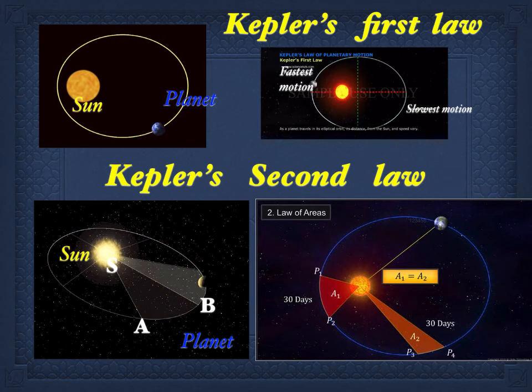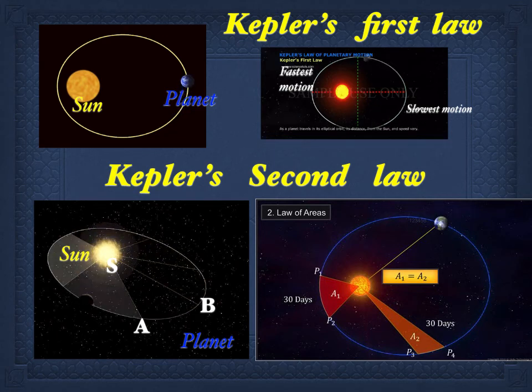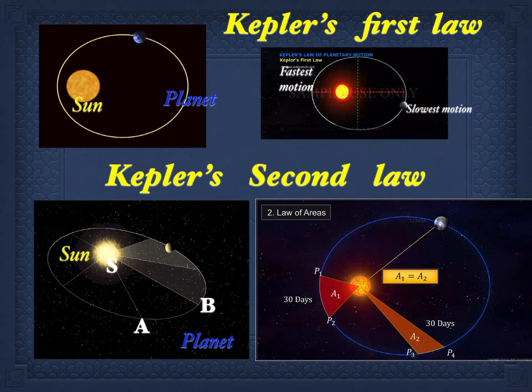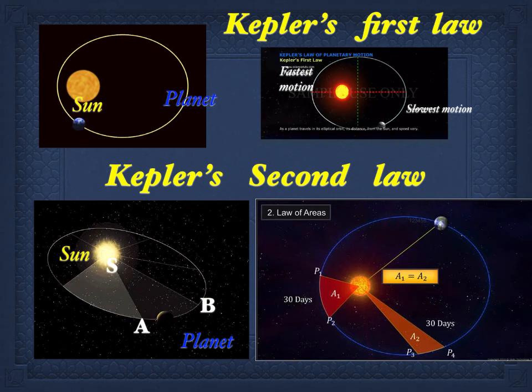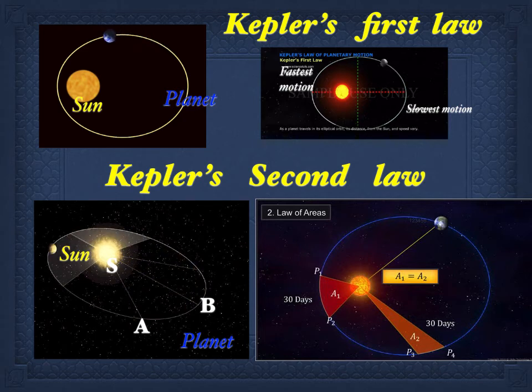This is considered to be Kepler's second law. So we'll just revise Kepler's second law. It states that the line joining the planet and the sun sweeps equal areas in equal intervals of time.